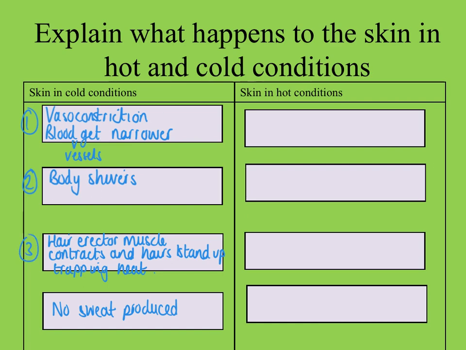Then on a hot day we have the opposite, so we have vasodilation. I've done the colours according to when it's hot and cold, so the blood vessels get wider. Then we have sweat produced from sweat glands.